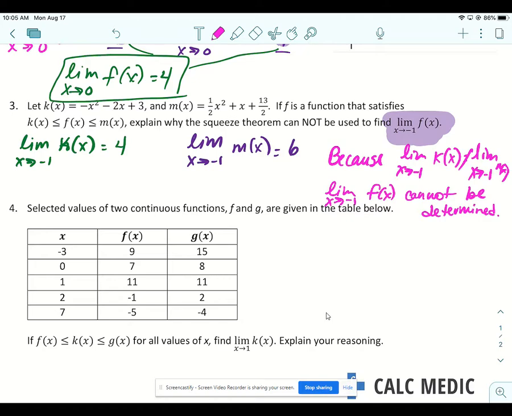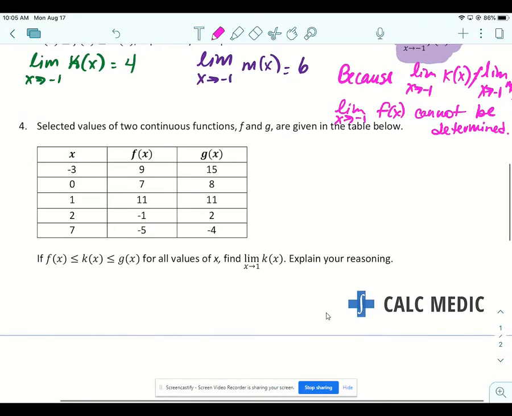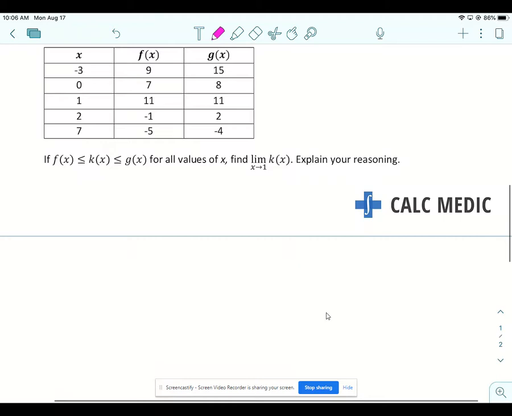All right, and then we can also use a table to do the squeeze theorem. We have a table of values that tells us they're continuous functions, and it also tells us that k is going to fall in between f and g. We want to find the limit as x approaches 1 of k.